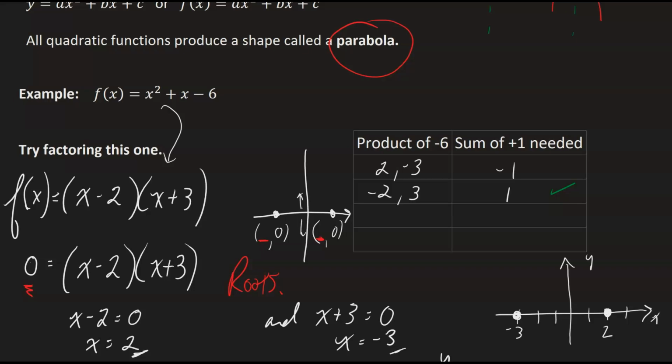Now, we're getting there. We don't know whether it's a parabola that does this or whether it's a parabola that does this. Now we need to find out the maximum or minimum point where it has a vertex. So let's take a look at how to do that.